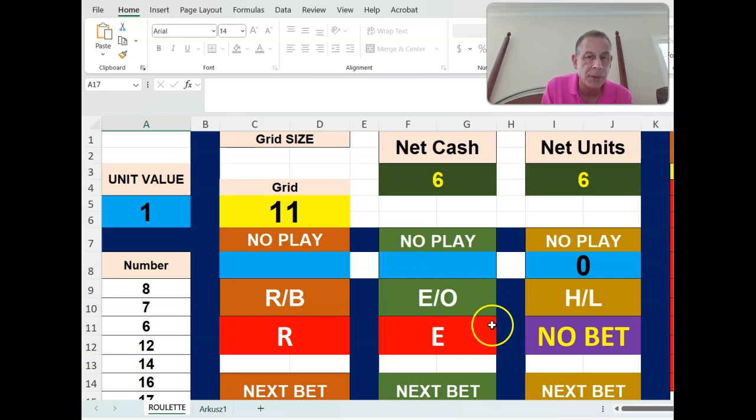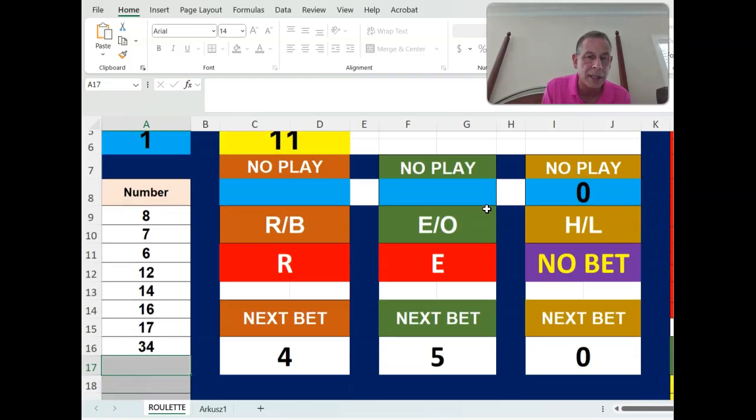Completely different for both of these, or whichever ones you select, that are independent. Your journey is independent on each one of these based on the wins and losses and how you're moving. And that's all explained in the videos. We're not going into that here. We're just showing you how this thing works. You could quit right now with a net cash of 6 and restart and close this session off. But we're not going to do that.